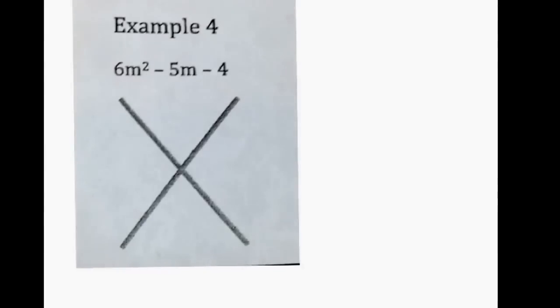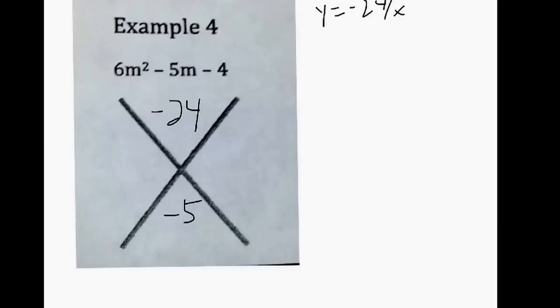Last one, 6 times negative 4 is negative 24. Trying to make a negative 5, so my calculator, y equals negative 24 divided by x. When I'm looking for my factors inside of my calculator, I find out that it's 3 and negative 8.